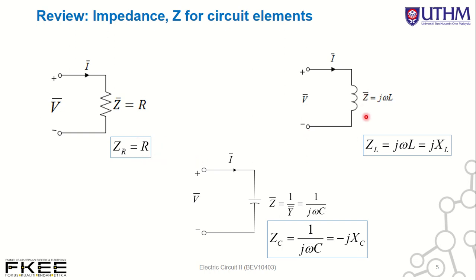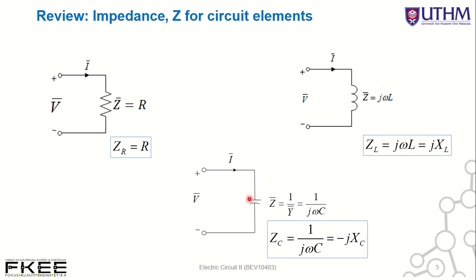Let's say we have an L. What is the impedance ZL? ZL equals j omega L, or in other words, we can write jXL, where XL equals omega L, and omega equals 2 pi f, 2 pi times frequency, times L.